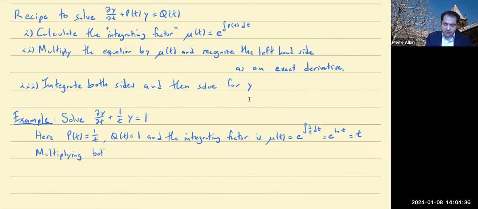Multiplying both sides of the equation by mu of t, we get t times the derivative of y with respect to t plus y is equal to t, right?